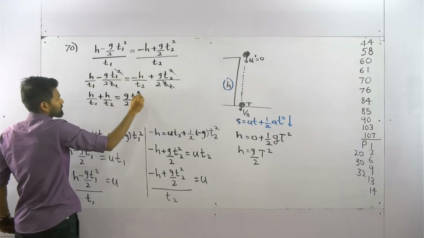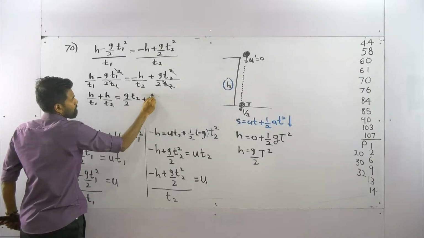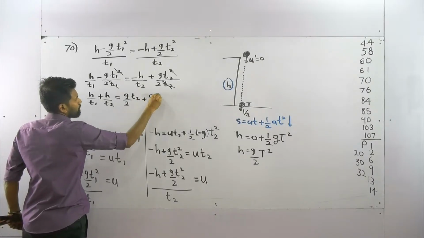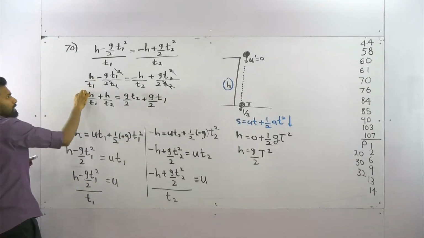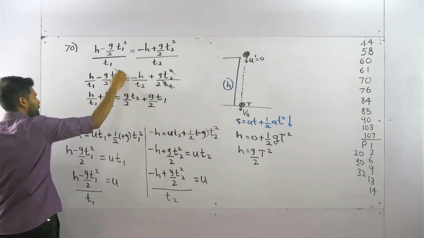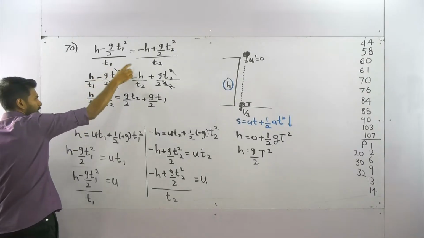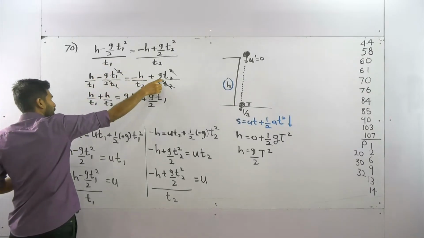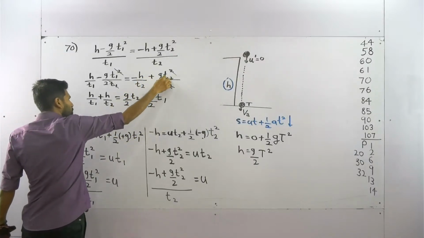We're taking it to the other side, plus g over 2 t1. g over 2 t1 will be moved to the other side with the positive sign, and there you have g t2 over 2.